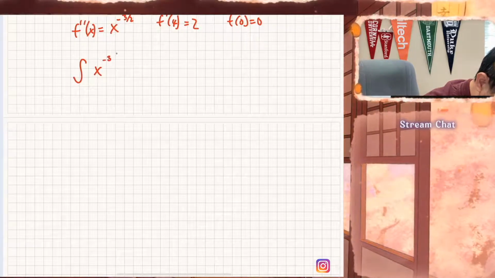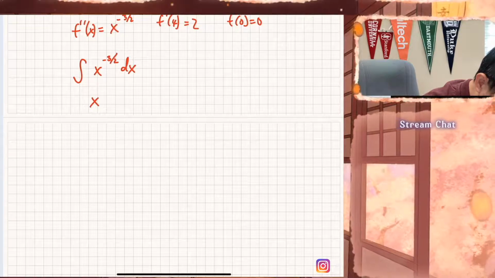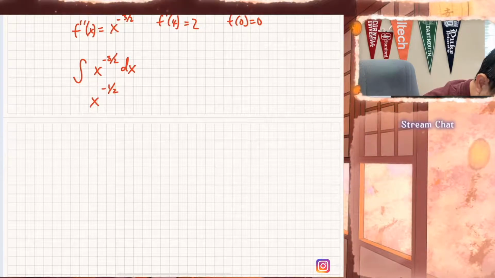So now you're going to do it again. And then I got c is 3, because I got x to the negative 1/2 over 1/2 plus c.